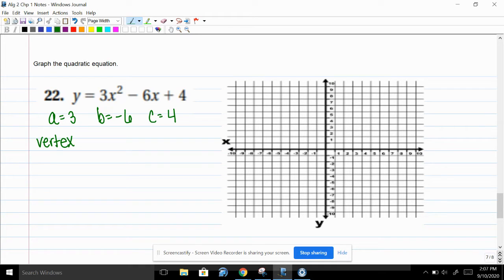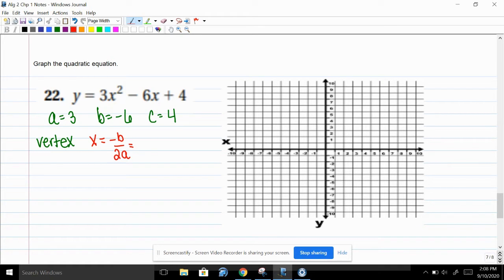Okay, and the vertex is going to do two things for us. It's not only going to tell us the vertex, but it's also going to tell us where our axis of symmetry is. So first thing when we find the vertex is we find the x-coordinate of the vertex, which is -b divided by 2a.